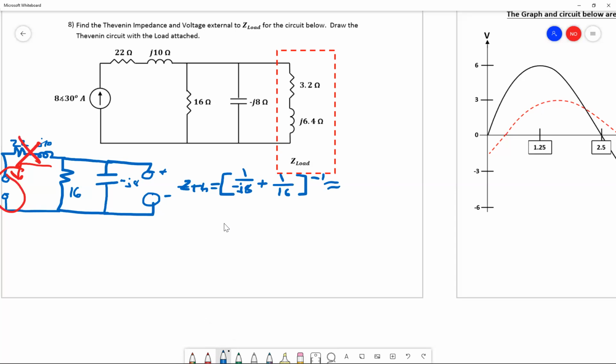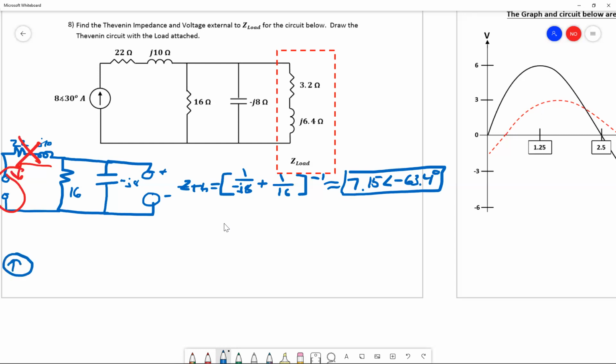And that gets us roughly 7.15 at an angle of negative 63.4 degrees. There's our Z Thevenin. Now the next step is to solve for the Thevenin voltage.